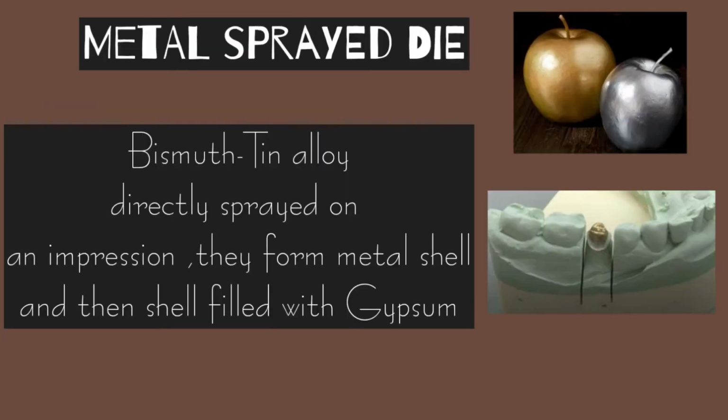So what is a metal sprayed die? Here the bismuth and tin alloy is directly sprayed on the impression. Then they will form a metal shell, and in the metal shell we will fill the dental stone. So in the metal sprayed die we spray the bismuth and tin alloy on the impression, and then the shell forms, and in that shell we fill the gypsum.